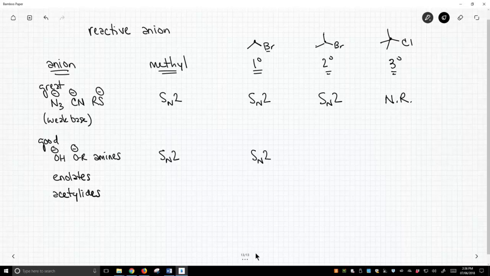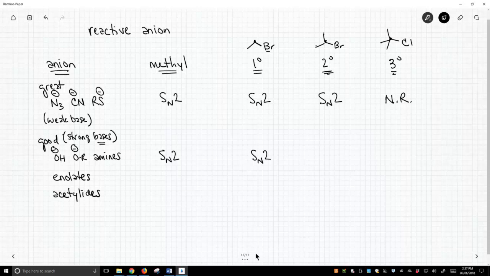The change comes when you have a secondary halide. These merely good nucleophiles all happen to be pretty strong bases. Once you make the halide too hindered, the nucleophilicity loses to the basicity. It's kind of a Jekyll-Hyde thing. And the basic side says, forget about it.